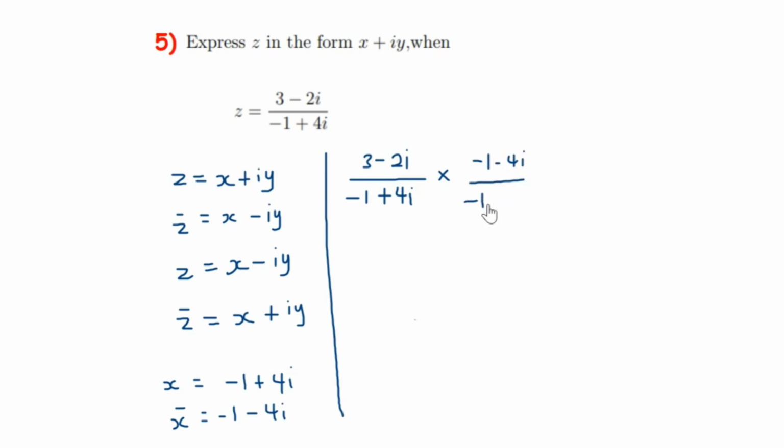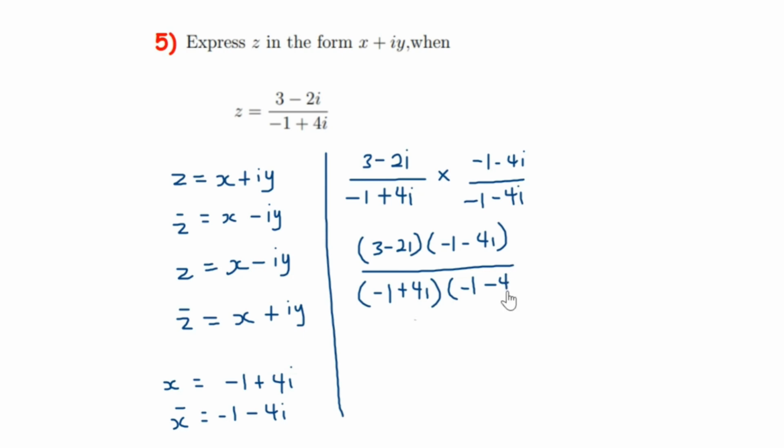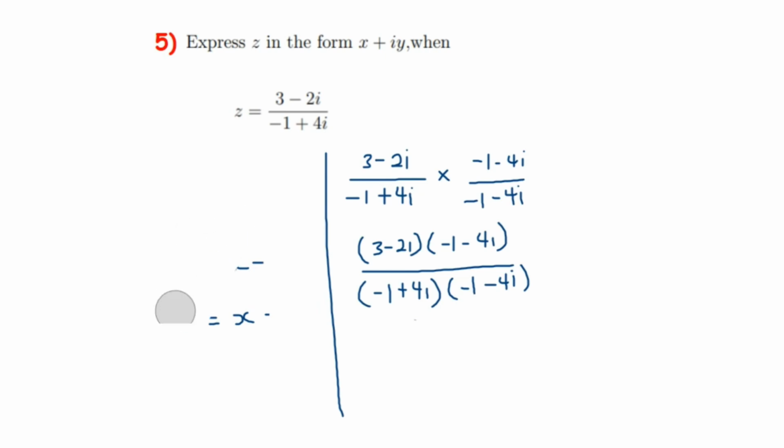So we have 3 minus 2i multiplying minus 1 minus 4i, divided by minus 1 plus 4i multiplying minus 1 minus 4i. For us to get our answer, we just have to do this multiplication.